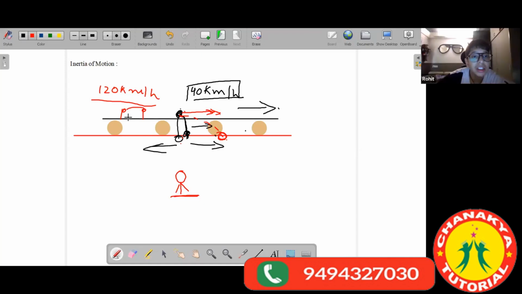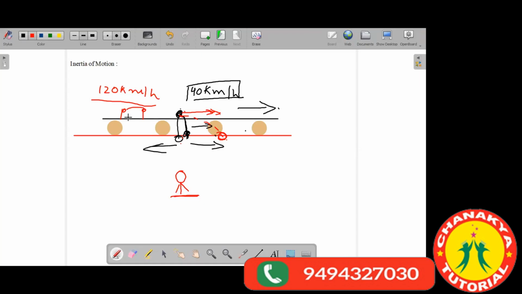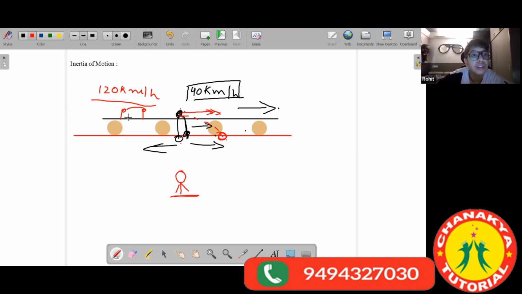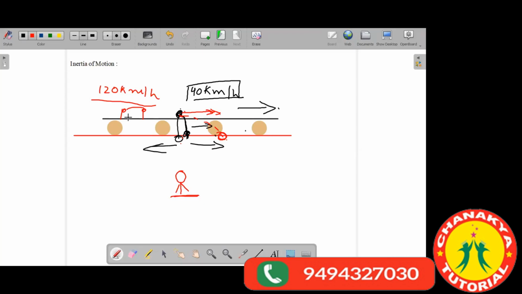Sir, is it because of the inertia of motion? Yes, due to the inertia of motion, when the fly is inside the train, it is traveling with the speed of the train.